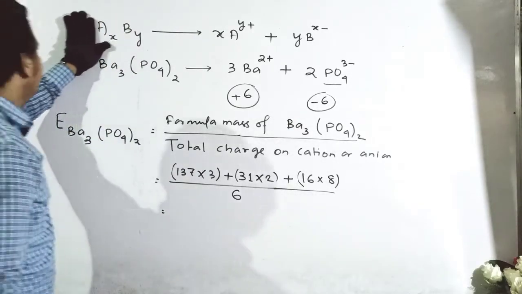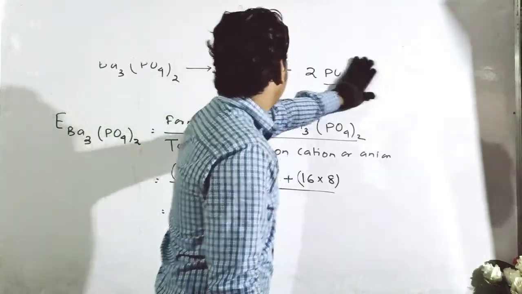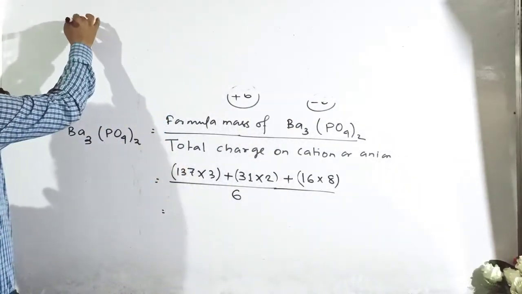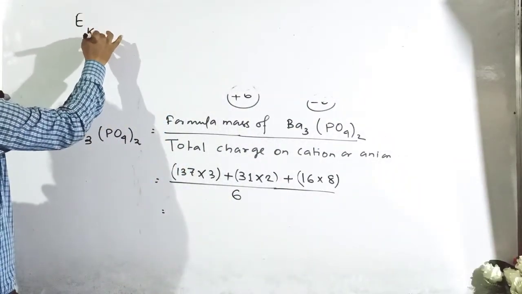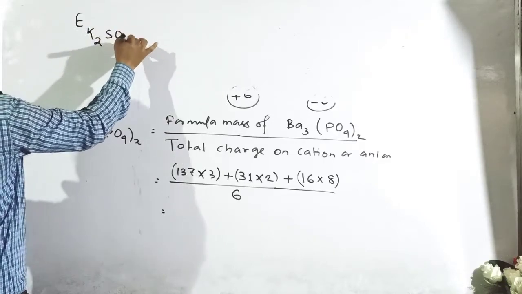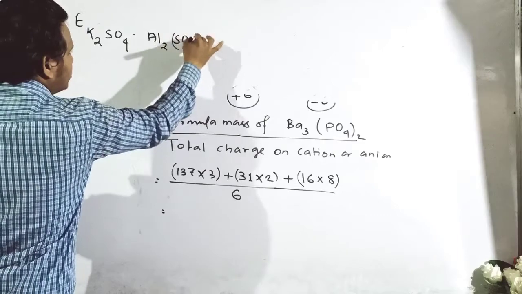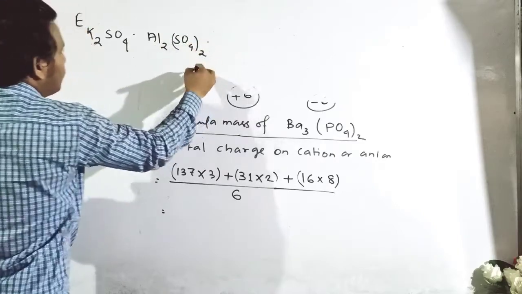Now last one for ionic compound. Take one more example. Now we have to find the equivalent mass of potassium sulfate dot aluminium sulfate dot 24 water.